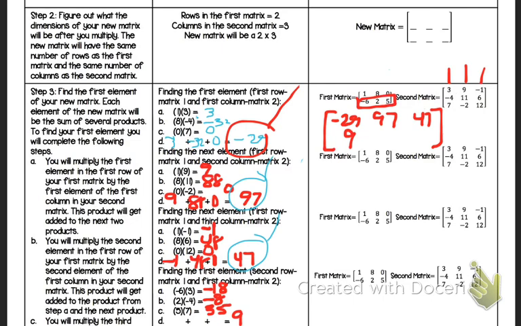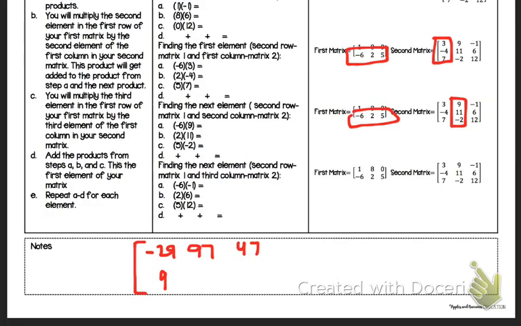If I scroll down, I'm going to lose all this. So, hold on. Let me just rewrite it. Okay, one second. Okay, so now we're on the second row, second column. So I'm going to multiply negative 6 with 9, 2 with 11, and 5 with negative 2. So negative 6 times 9 is negative 54. 2 times 11 is 22. 5 times negative 2 is negative 10.